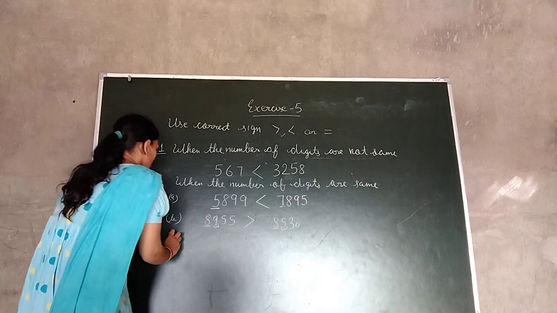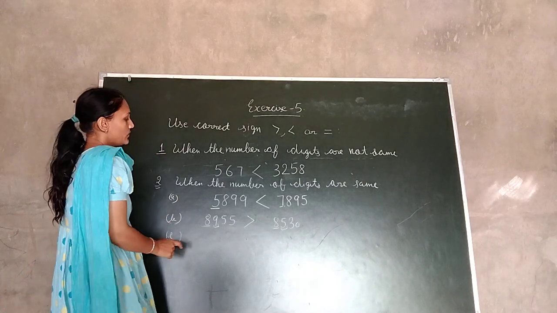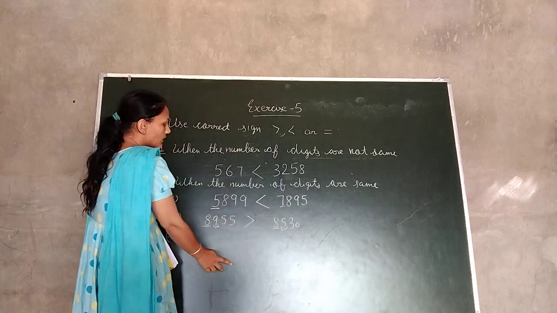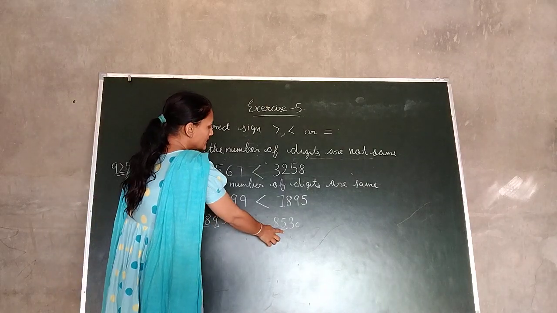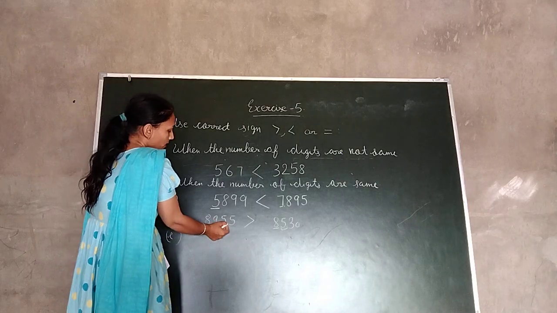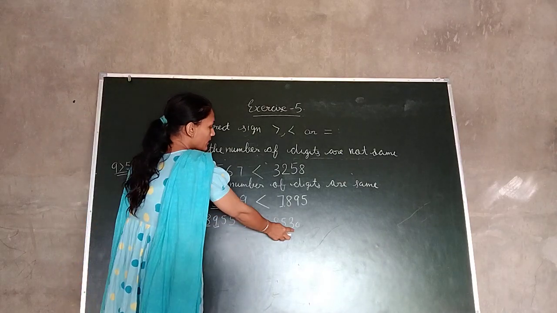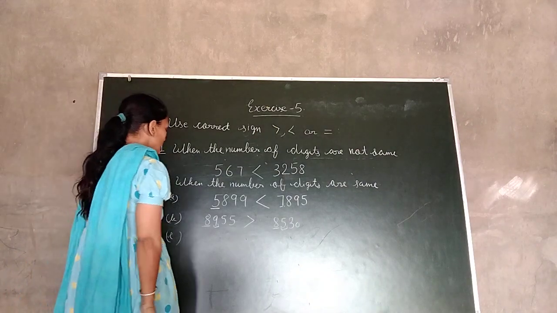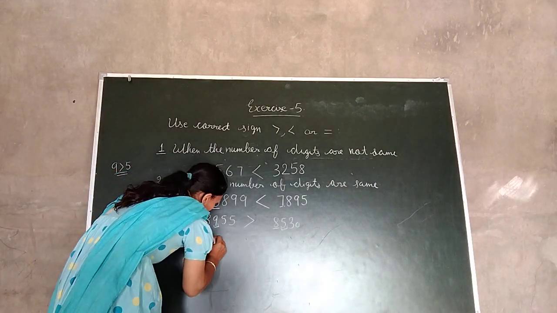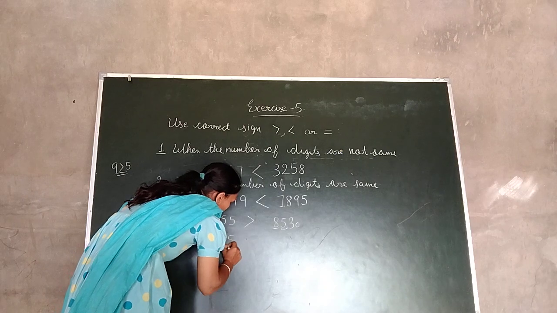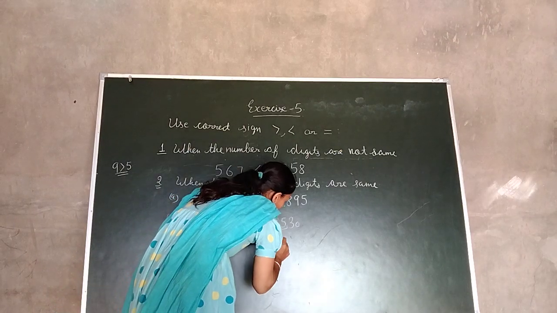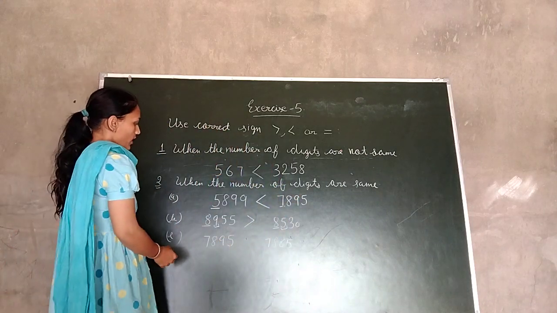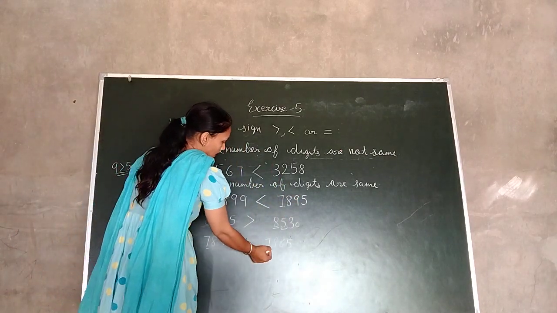Next, suppose the digits in thousand place are also same and in hundred place are also same. Then we will compare the digits in tens place. So now we are going to discuss one example like that. 7895. Here we have 7865. First of all we will compare the digits in thousand place.